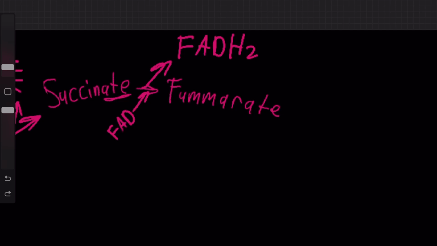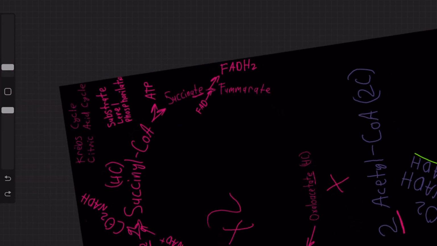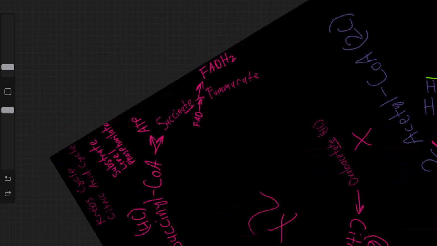So that's how I remember when you make your FADH2. And that is the only time in the entire cycle that you'll be dealing with FAD and FADH2. So it's another thing to know when to use NADH or NAD and FAD over FADH2.